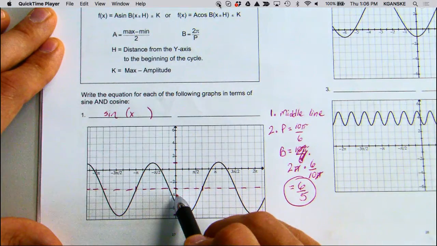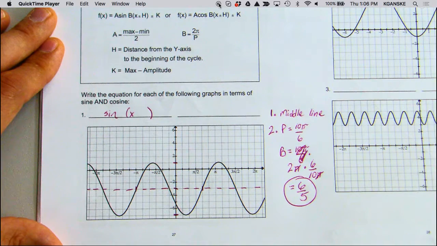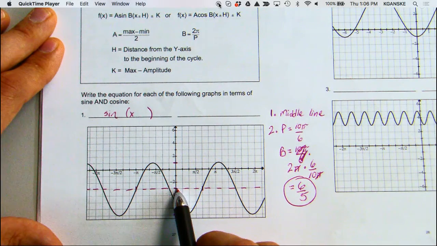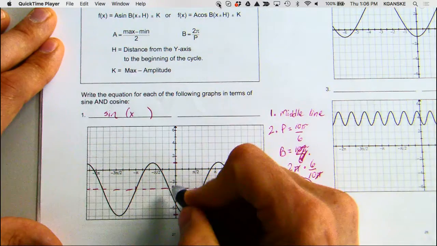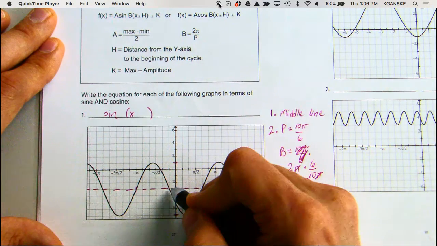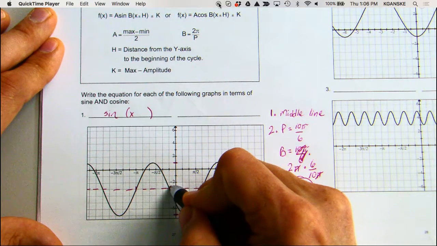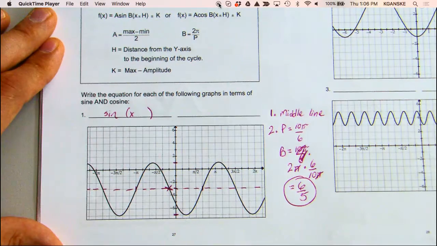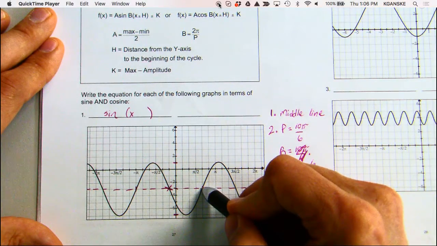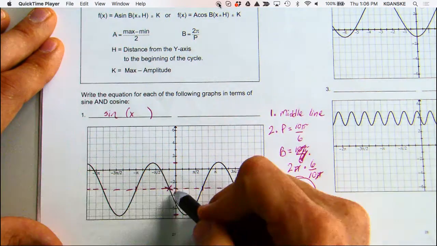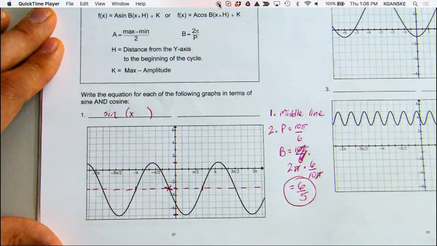What's the best sine curve to start at here? Where would I go? Right here, right? Okay, it's the closest one to the y-axis. So it's going to be minus pi over 6 is where my anchor point is going to start. This is also a good sine curve, but the best one is the one that's closest to the y-axis.